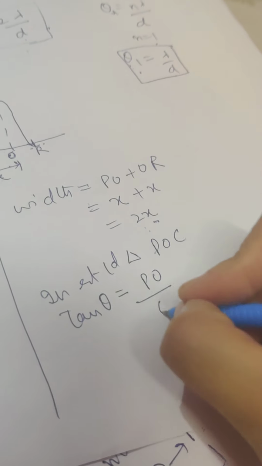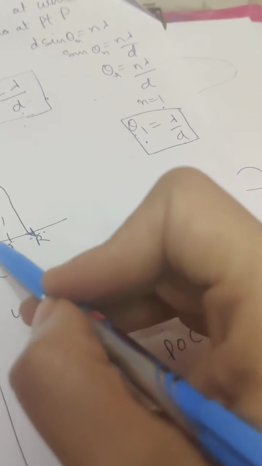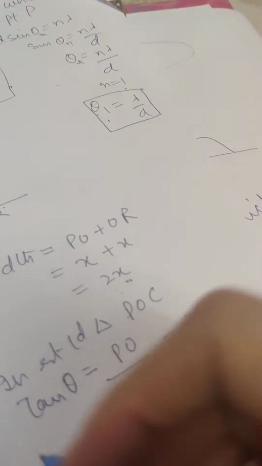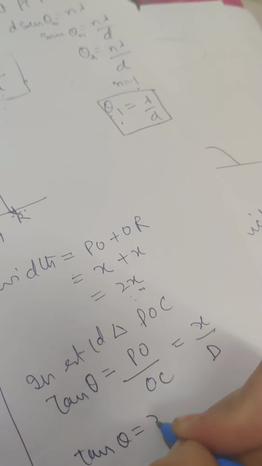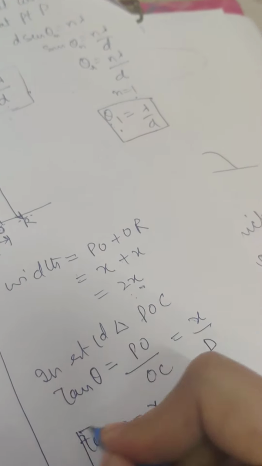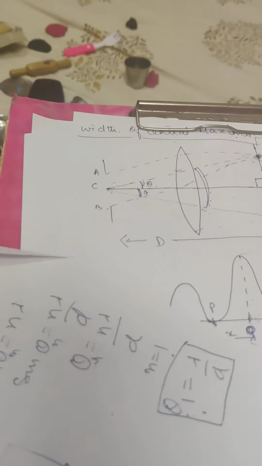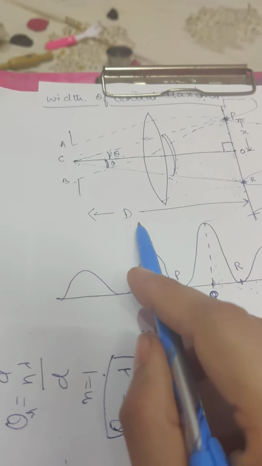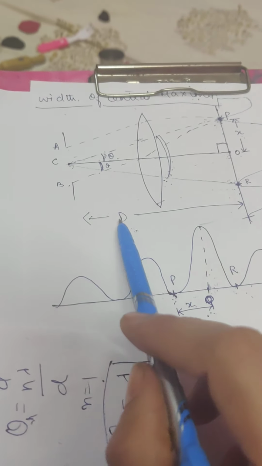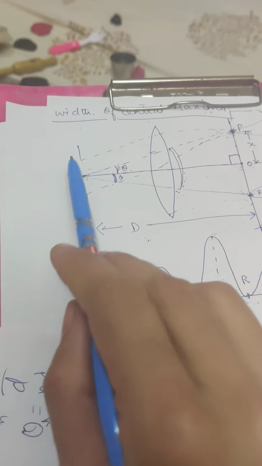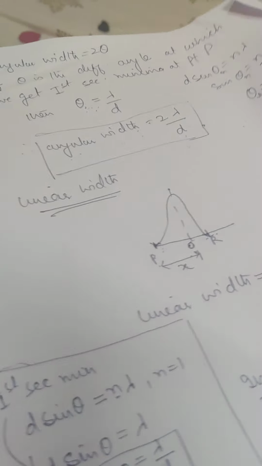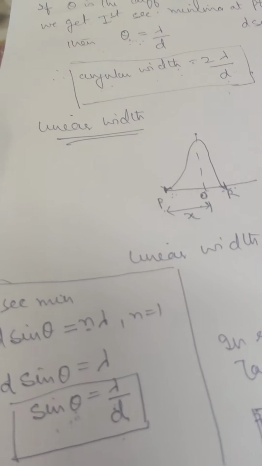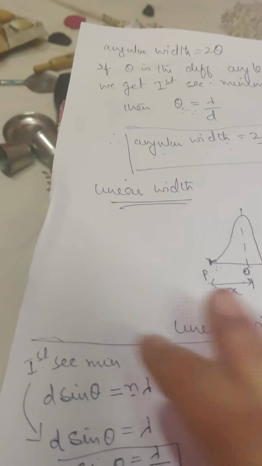I consider PO as X. It comes out to be X over D. Or my tan theta is equal to X over D. See bacha, we are taking the approximation that this distance D is very much larger in comparison to the distance between these slits.